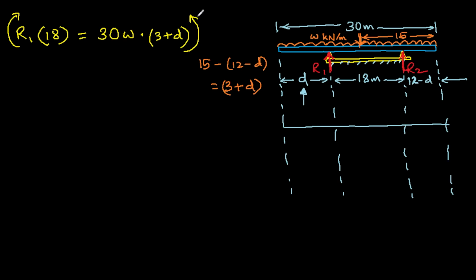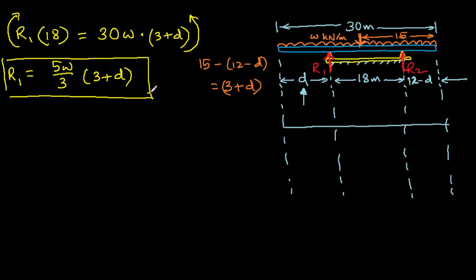So from here we can say that R1 is equal to 5w times (3 plus d) divided by... this is the reaction at the left support.